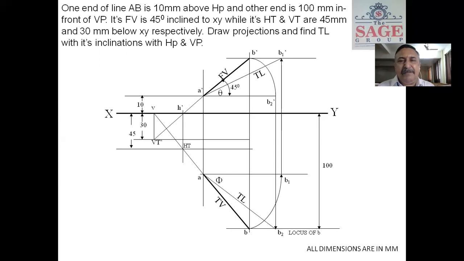So in this way we complete this problem. Now at last we have to check that both true lengths should be the same. This is our last check, which tells you that your problem was correct.